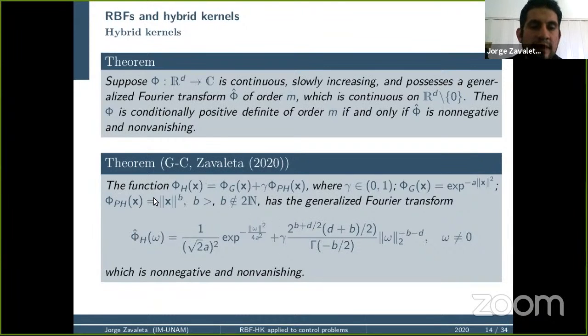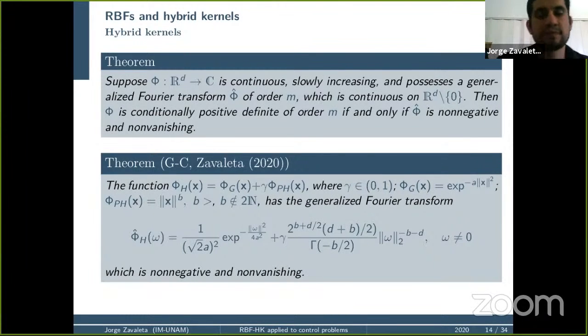We can see that this is the Fourier transform of the hybrid kernels, and it's also easy to show that it is non-negative and non-vanishing, and then it is also positive definite. We want the function to be positive definite to guarantee that the Gram matrices involved in these methods are also positive definite and then non-singular.